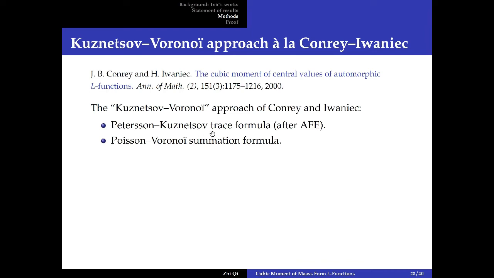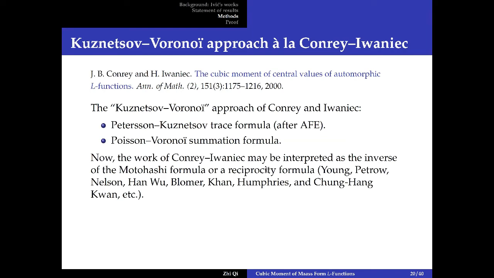And Voronoi is a generalization of Poisson, so I would call it the Kuznetsov-Voronoi approach. Of course, as mentioned in Riesman's talk, this Conrey-Iwaniec can be interpreted as an inverse of the Motohashi formula, or you can view it as a reciprocity formula. And there is lots of work on this due to Young, Petrow, and lots of people, including Rizwanur and Humphries, and recently, for the spectral aspect, by Kwan.